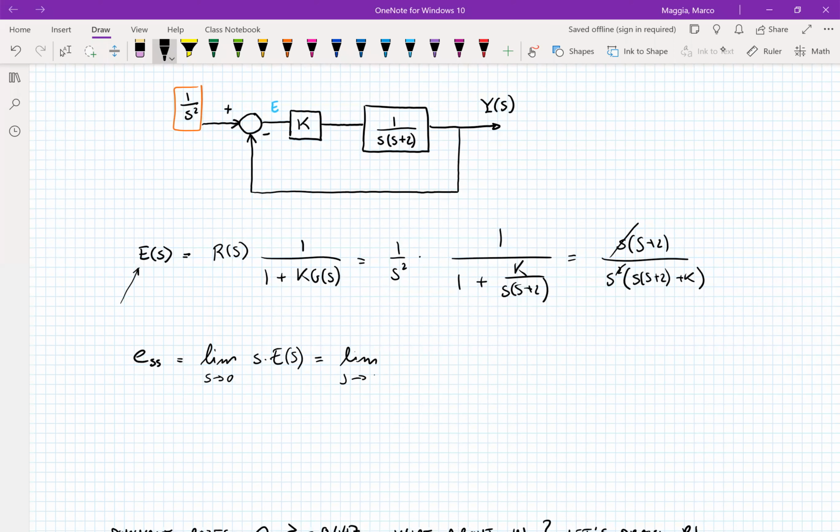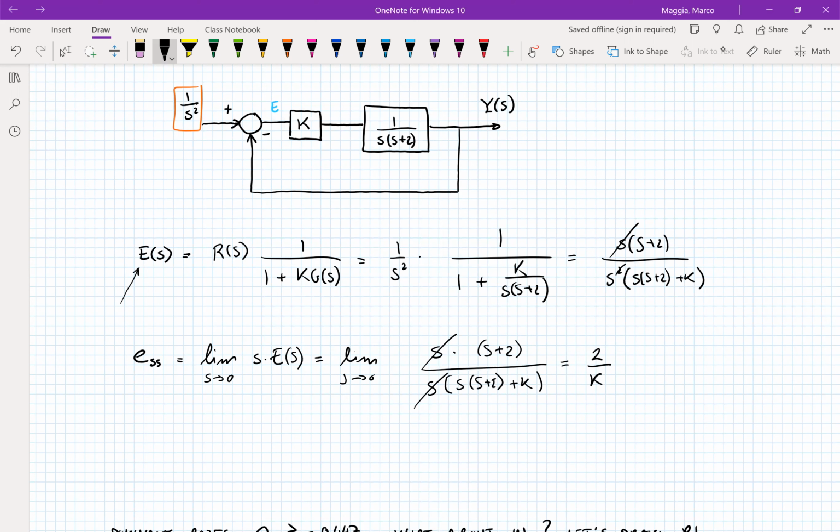And so we have s times (s plus 2) over s times (s plus 2) plus k. Now this s goes away with that, and so we're left with 2 over k.